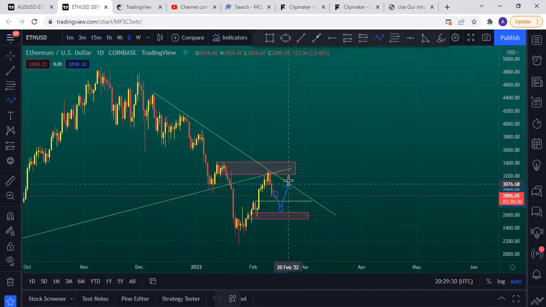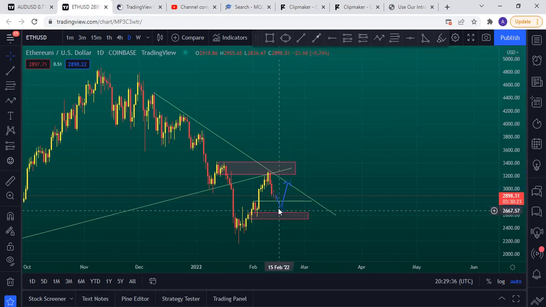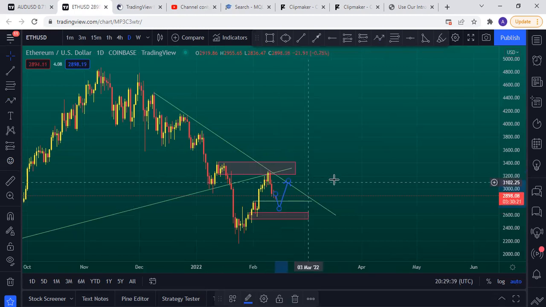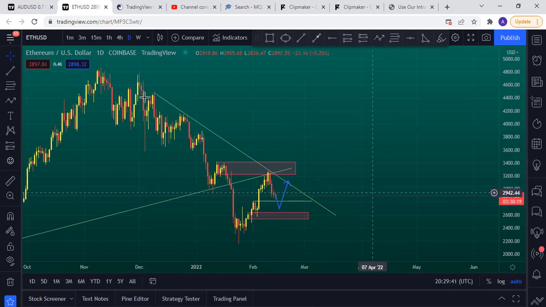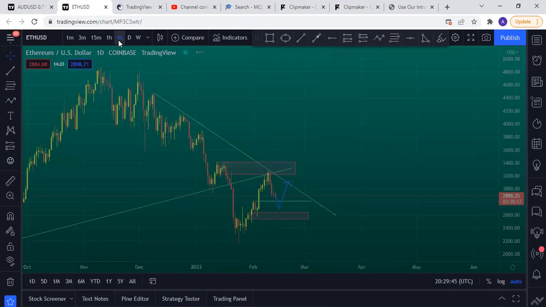All right. I want to see what price does first when it gets here. Within that zone, somewhere around there, I want to see a price reaction. So let's see the 4 hours time frame.